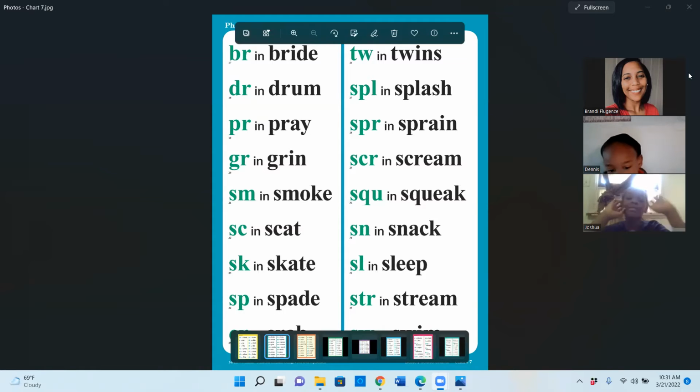SQ says squawk in squeak. SN says sn in snap. SL says sl in sleep. STR says stir in stream. SW says sw in swim. Good. Okay. Chart 8.